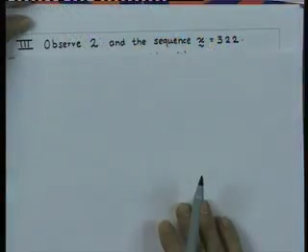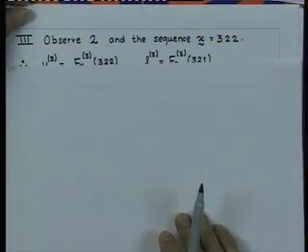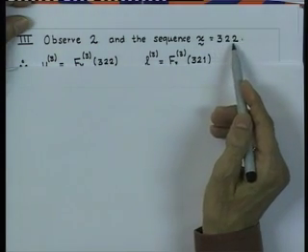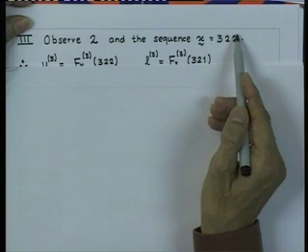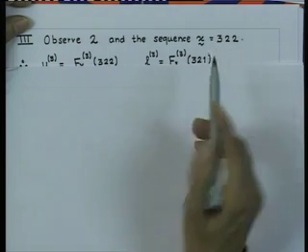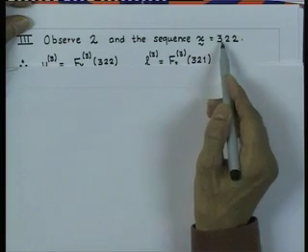Now, the next letter in the sequence to be observed is 2, and then the sequence becomes 3, 2, 2. So, by definition we are supposed to calculate the upper limit and the lower limit of the interval for the tag for this sequence.